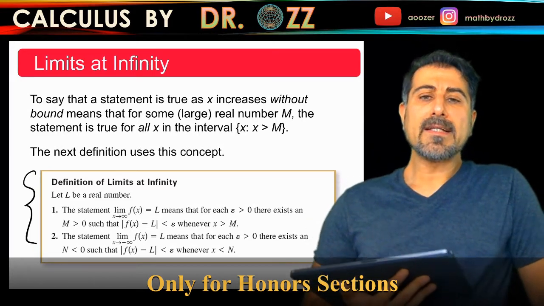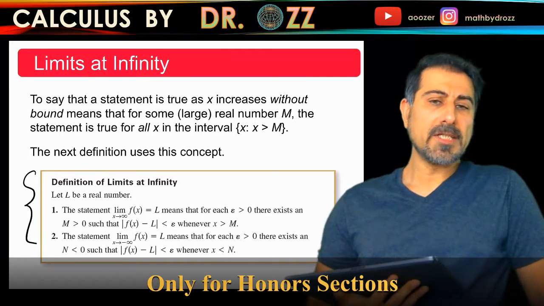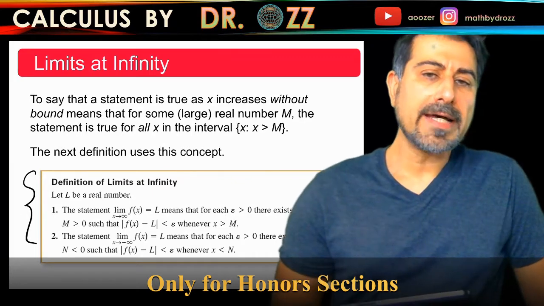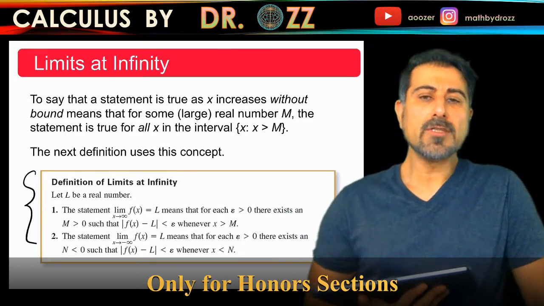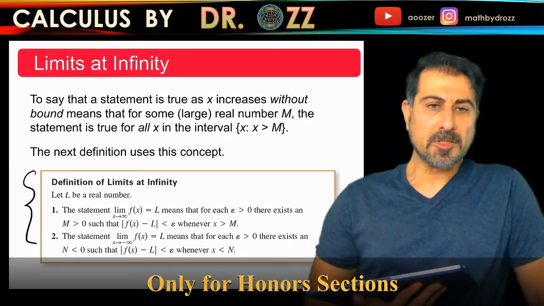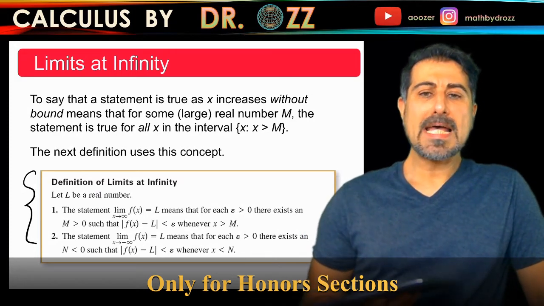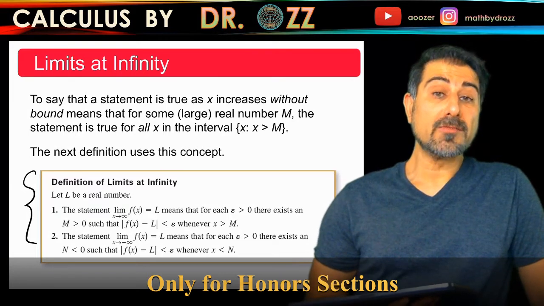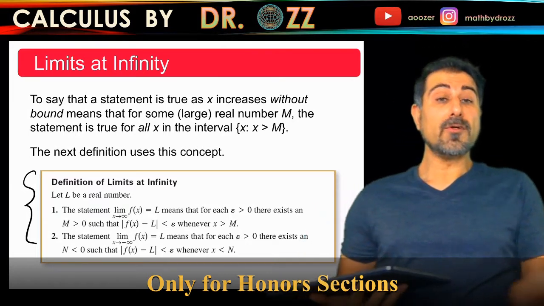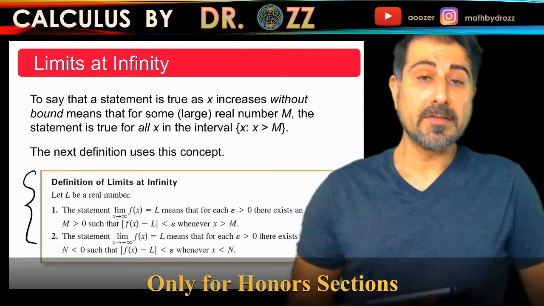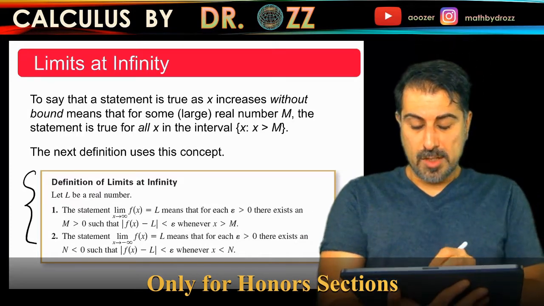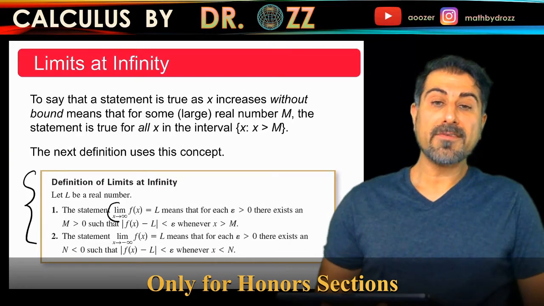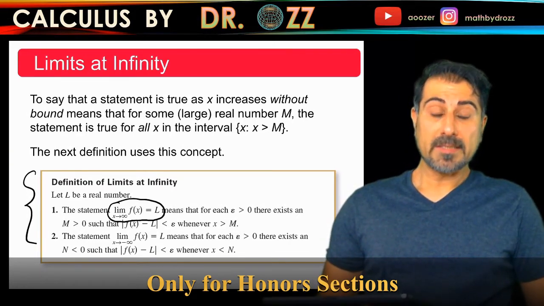Before that, let's define what we mean by increasing without bound. When we say a statement is true as x increases without bound, we mean that for some large number M, the statement is true for all x in the interval consisting of all x such that x is greater than M. So what do we mean by saying the limit of f is exactly equal to L as x approaches infinity?